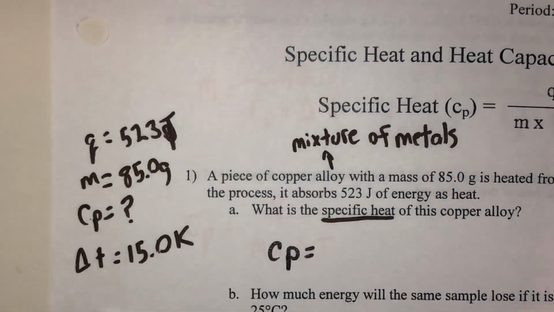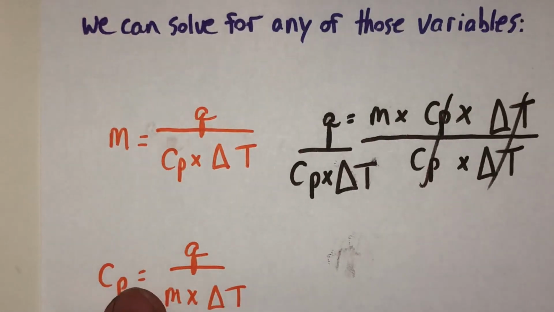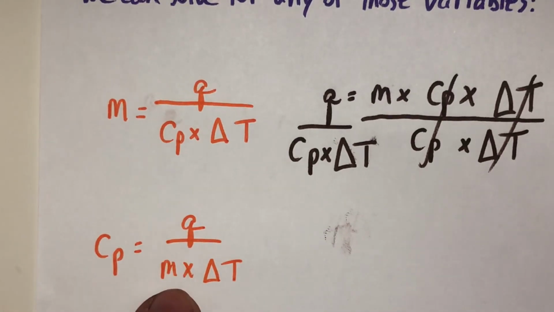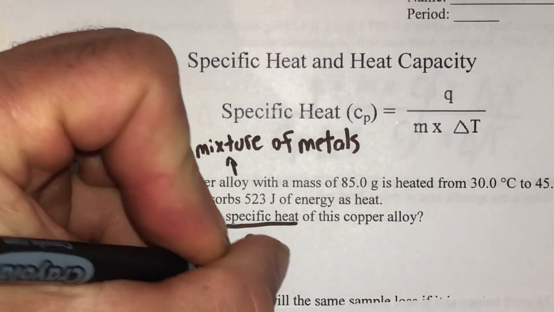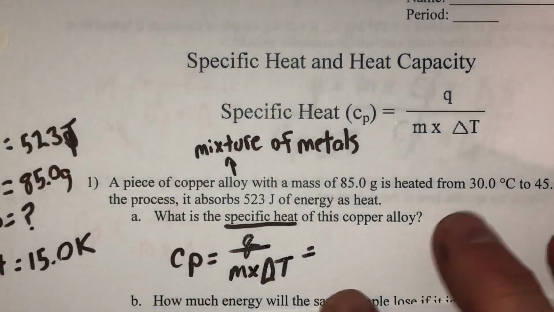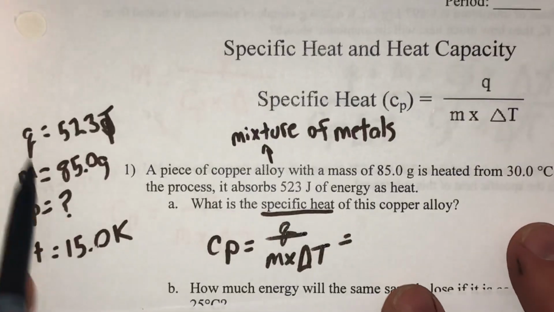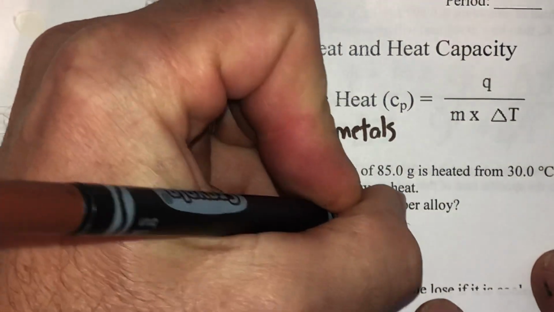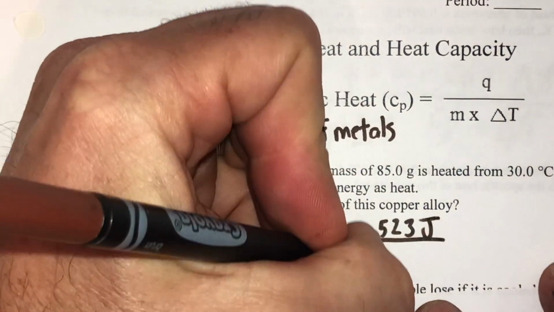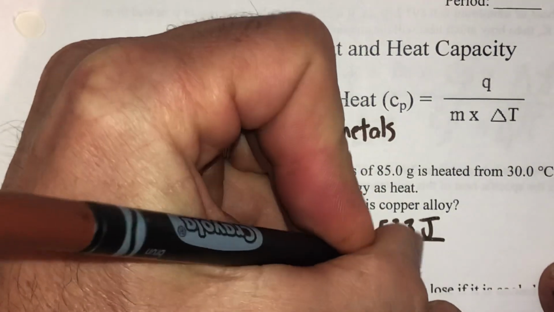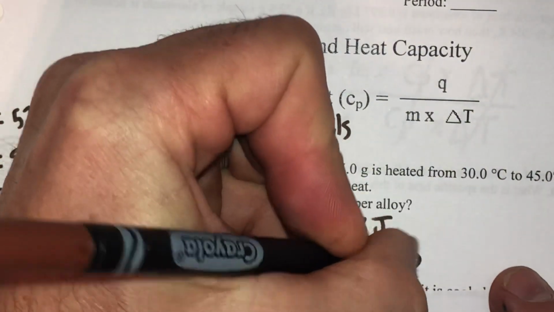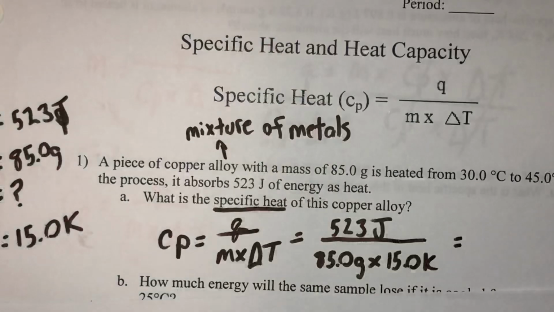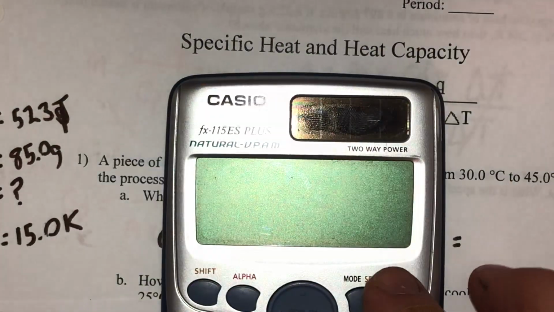Now all I'm going to do is solve for this. If I want to solve for Cp, I'm going to use this equation, Q over M times delta T, and plug in those values. My Q is 523 joules. My mass is 85 grams. And my change in temperature is 15.0 K. So we'll solve for that.